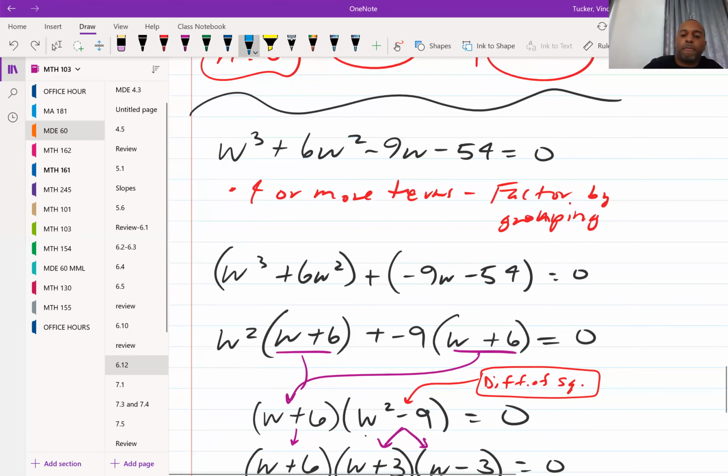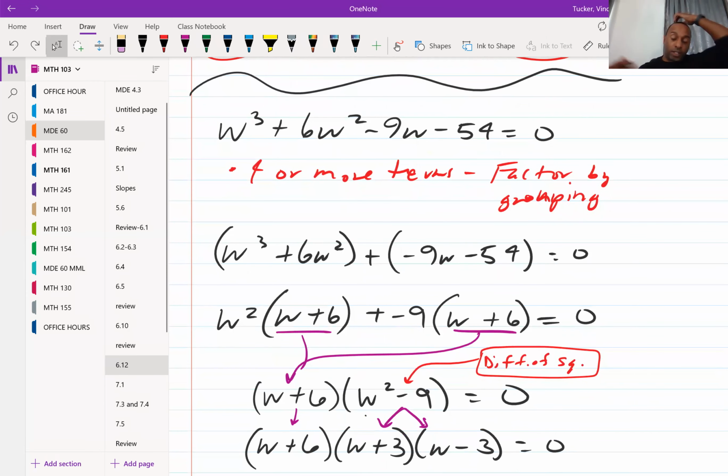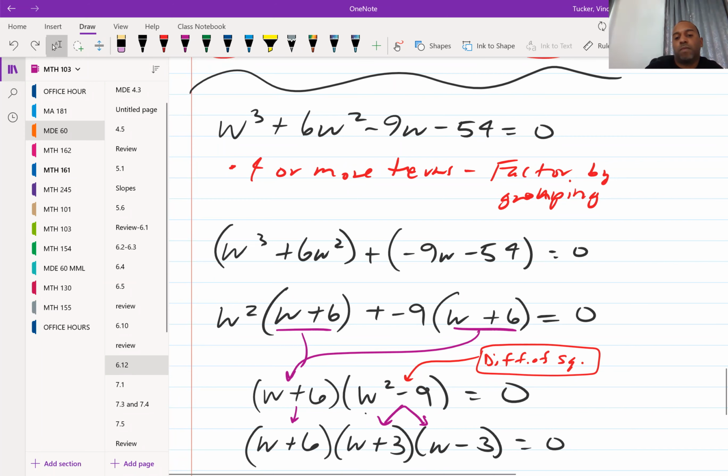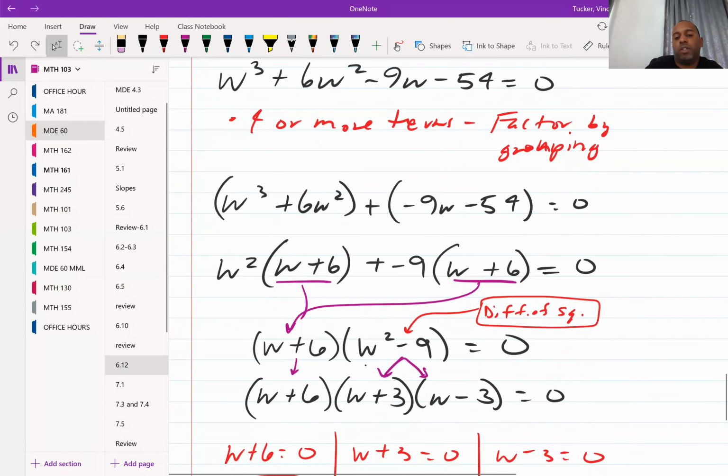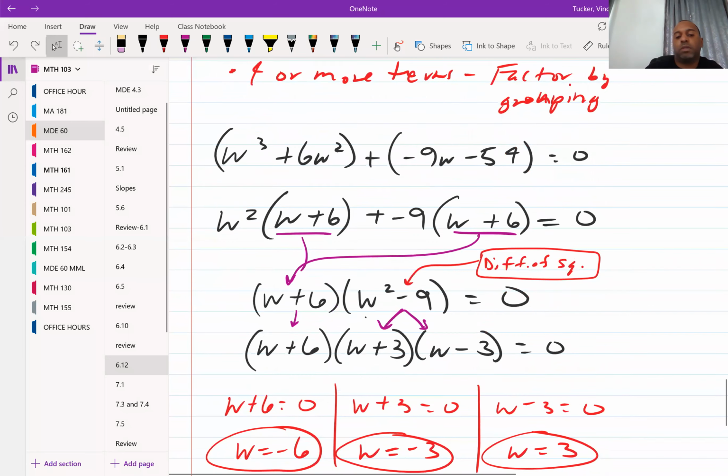All right. Now w squared minus 9 is the difference of squares. So that breaks down to w plus 3, w minus 3. And then set each part equal to 0. Subtracting 6, then subtracting 3.